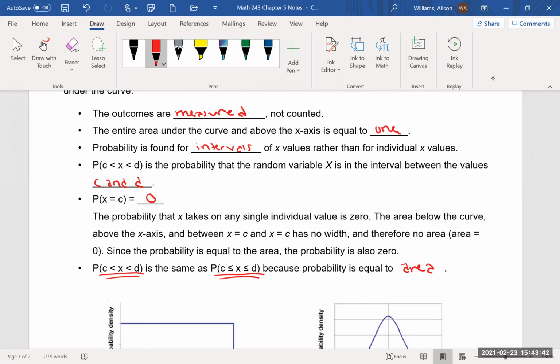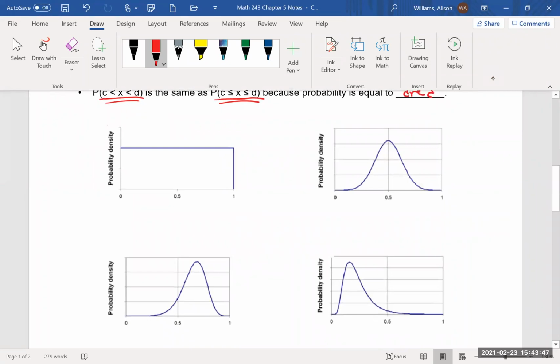I want to show you some possible curves that we can see. These are the big 4 that we'll be looking at. The first curve, this rectangle, is kind of the most boring of all. It's called the uniform distribution. And as it kind of looks, it's a very simple distribution. Everything kind of has an equal chance of occurring. The next curve, we've seen this before, this kind of basic shape. It's bell-shaped, but we're actually going to give it a different name as we're approaching it in this section.